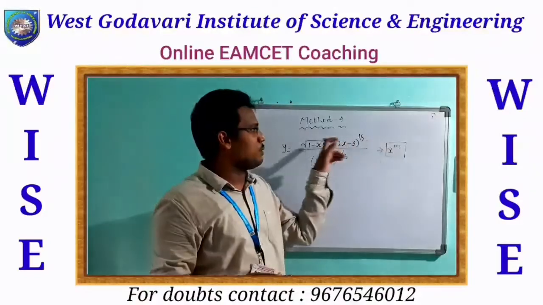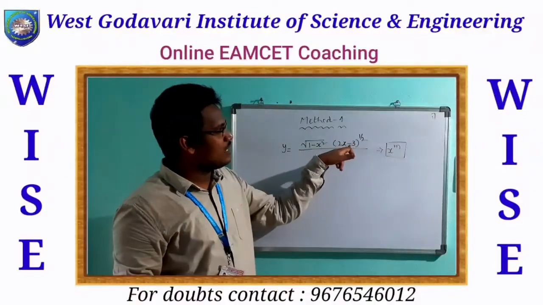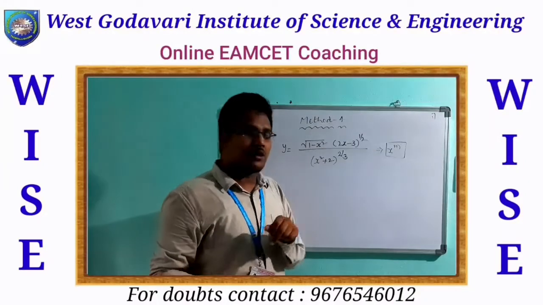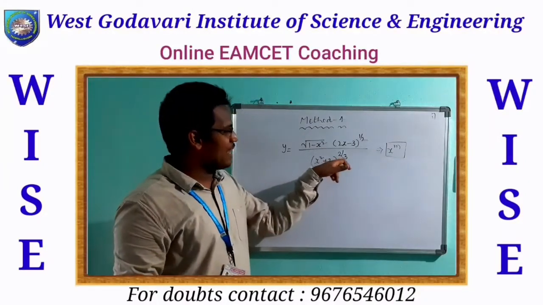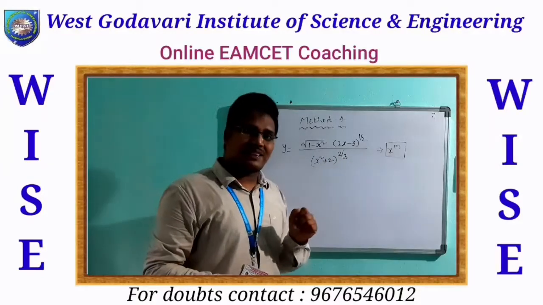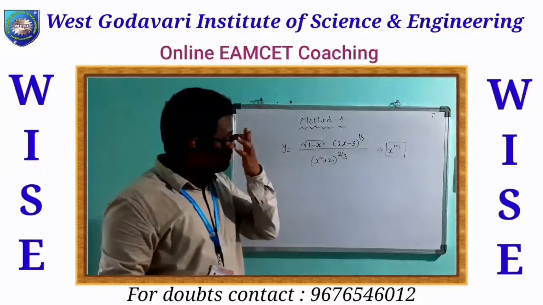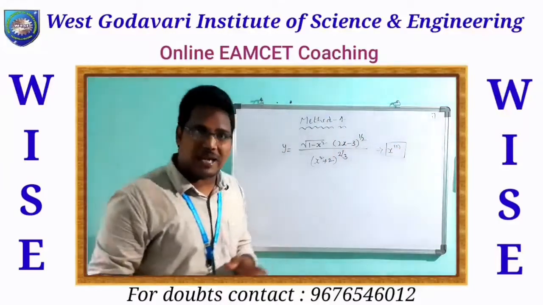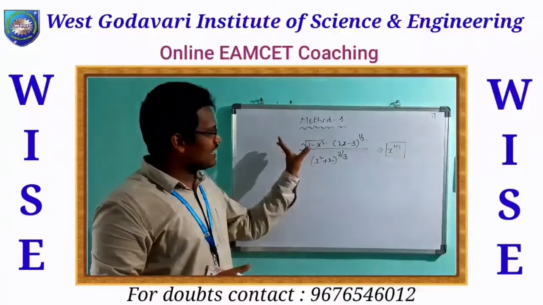Here m is 1 by 2. Here also this is the term in the form of x power m, where m is 1 by 2. Here also it is x power m, where m is 2 by 3. Whenever each and every term is in the form of x power m, this method is applicable. So we can take individual terms.